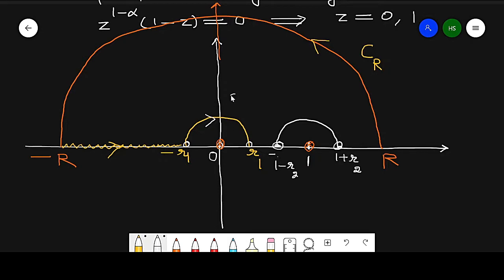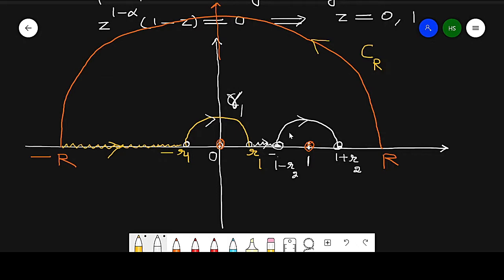So I write it as C of small r1, also I can write it as gamma 1, and this is gamma 2. So this is small gamma 1 of radius r1, and at this place, this is from r1 to 1 minus r2. This is a circle again in this way.